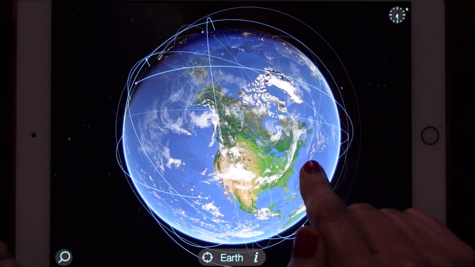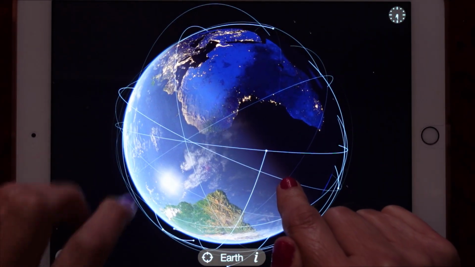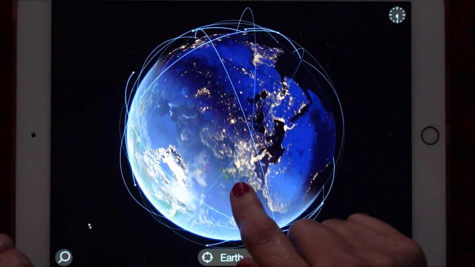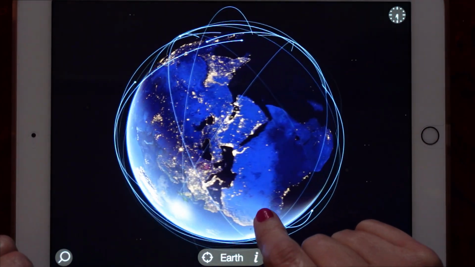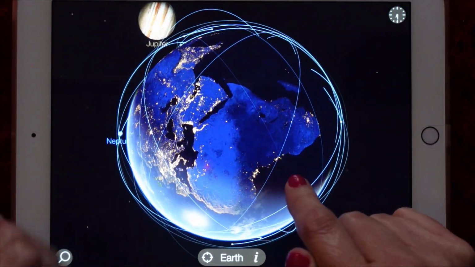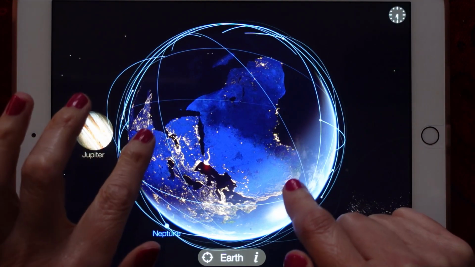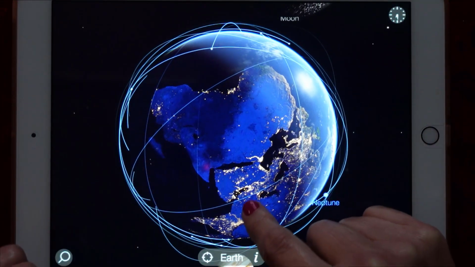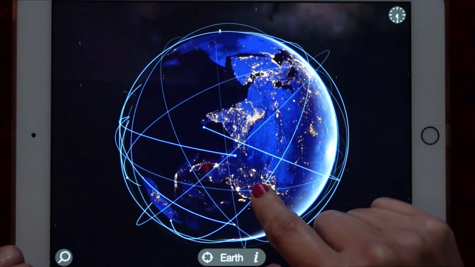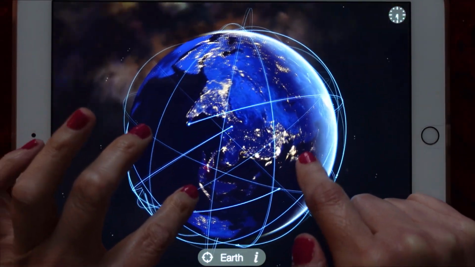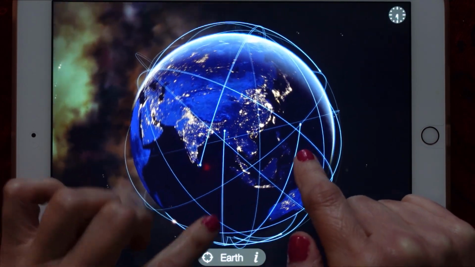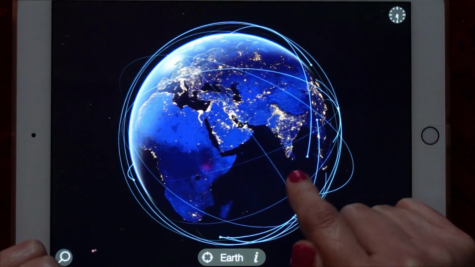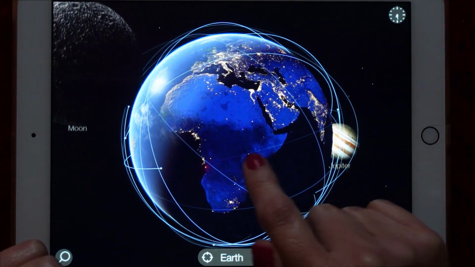Here is North America. Here is India. Here is Africa.